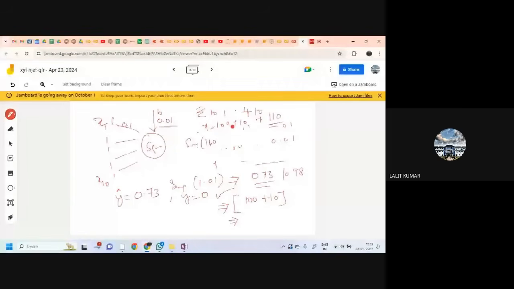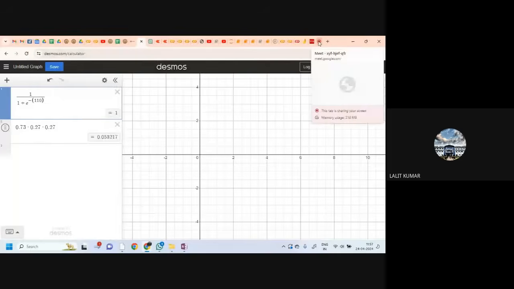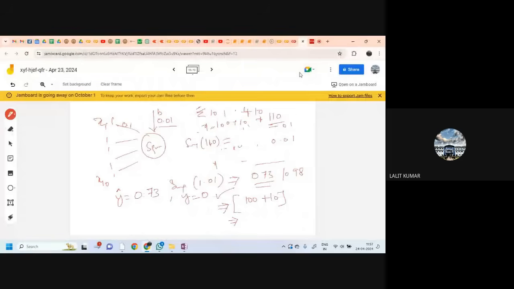Sigmoid of 110 is equal to 1. So in this case the update should take place.